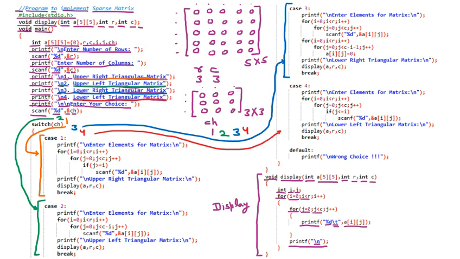But the interesting thing about case 4 is that it is exactly the reverse of case 1. Now you analyze case 1 and case 4. We have this for loop in case 1. Similarly, we have the for loop here. A similar for loop is for the column.